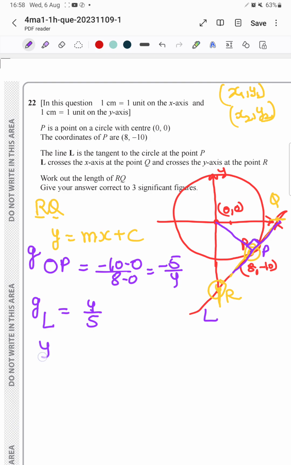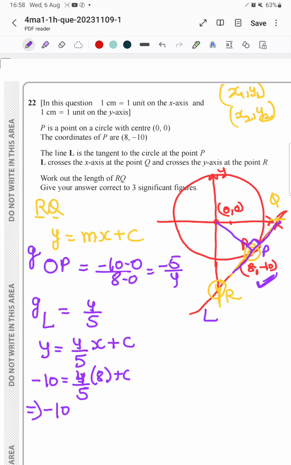So now the equation of the line will be y is equal to 4 by 5 x plus c. Now, this line is passing through 8, -10. So we will substitute this point. This is 4 by 5 and here is 8, plus c. So we got -10 is equal to 32 over 5 plus c. So when you solve it, -50 is equal to 32 plus 5c.